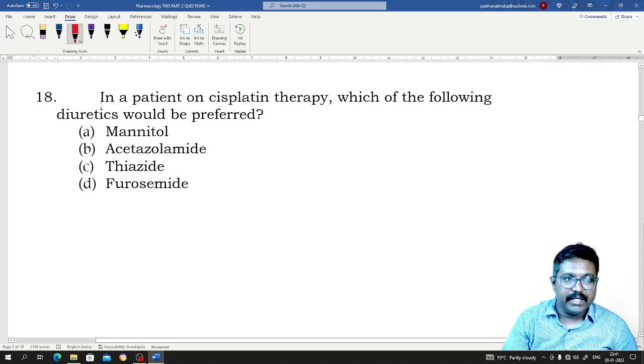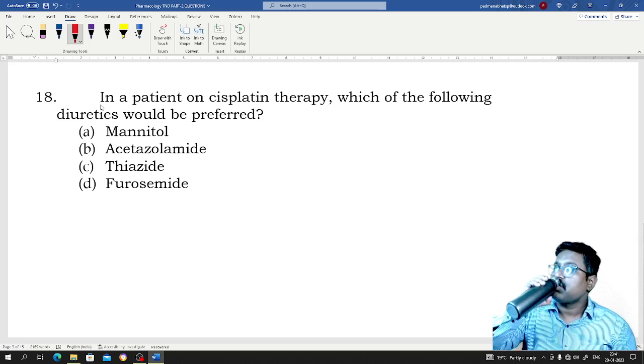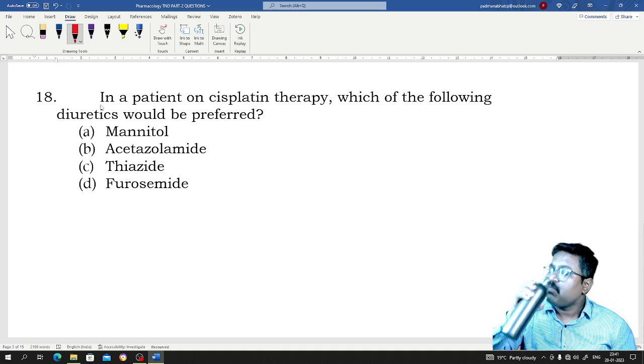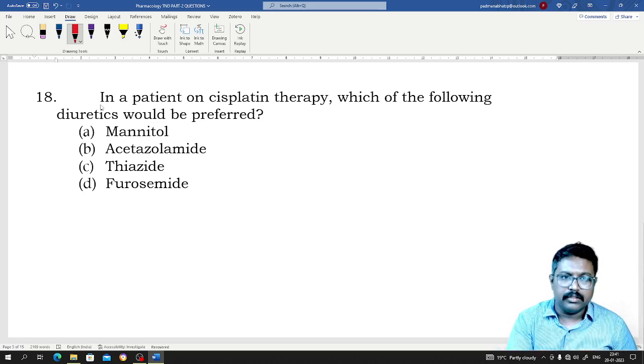So coming to the 18th question, that is, a patient on cisplatin therapy, which of the following diuretics would be preferred? So as we discussed, to produce the rapid action, to remove the toxic metabolite after the cisplatin therapy, the diuretic which is preferred will be your mannitol.